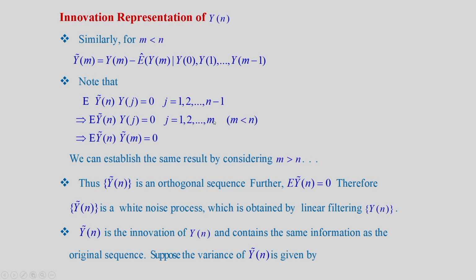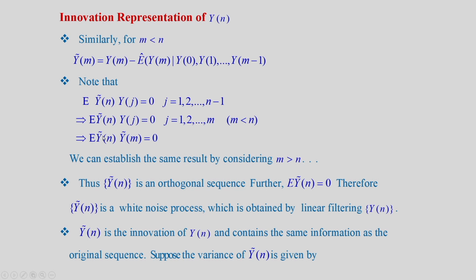So, if we take some m which is less than n, then this relationship will also be true. Therefore, E of y tilde n into y j will be equal to 0 for j equal to 1, 2 up to m. Now, we are considering m y j's and their linear combination is y tilde m. Therefore, E of y tilde n into y tilde m will be equal to 0.